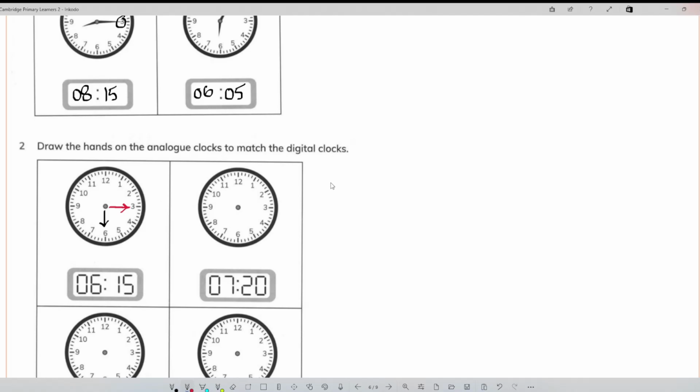Because we know 3 times 5 equals 15, right? Next, 7:20, so this is on 7, and 20 means what? 4 times 5 equals 20. 20 means the minute hand is on 4.